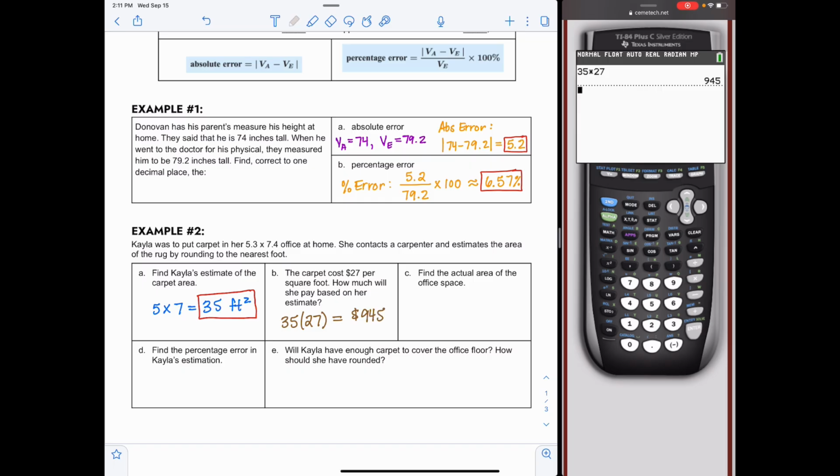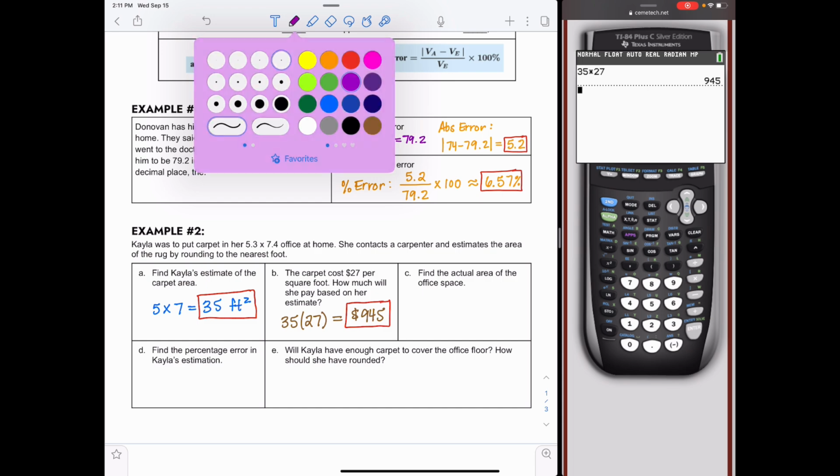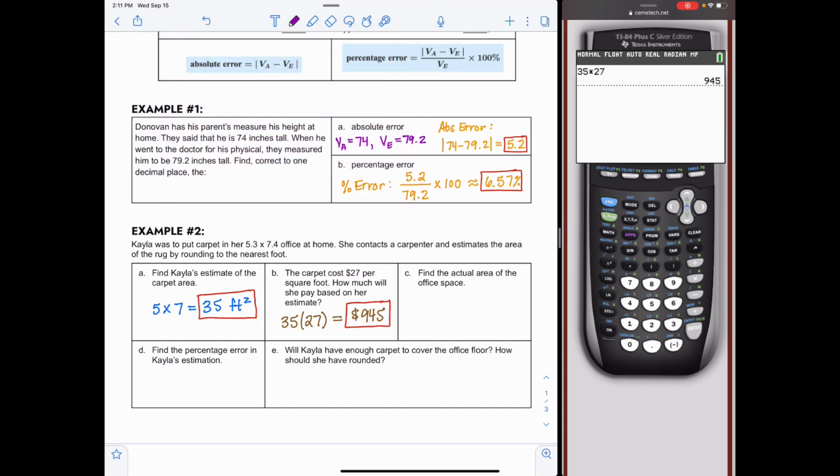So that is her estimated cost based off of what she rounded. Part C is telling us to find the actual area of the office space. So the actual area is going to be 5.3 times 7.4, and we end up getting 39.22.